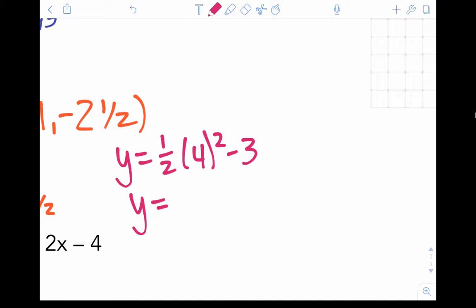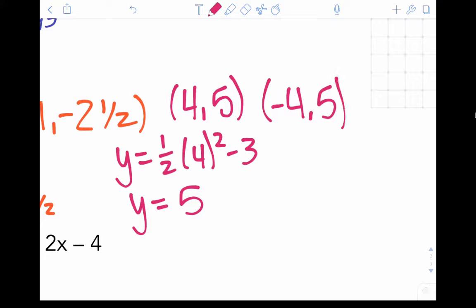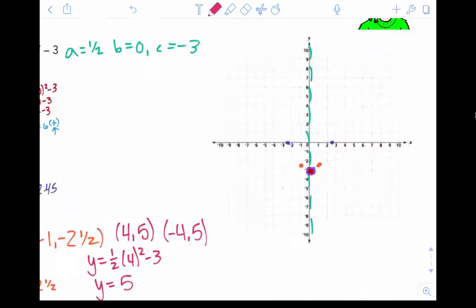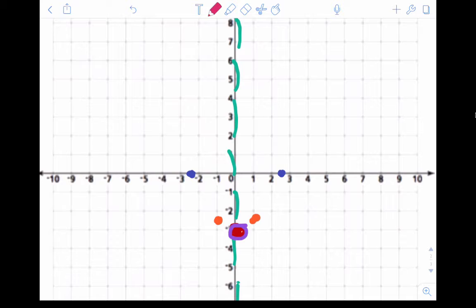Well, 4 times 4 is 16. 16 times 1/2 is 8, and 8 minus 3 is 5. So I have the point 4, 5, and I can mirror that to get the point negative 4, 5. So I'm going to graph those over here. I have the points (4, 5) and (-4, 5).